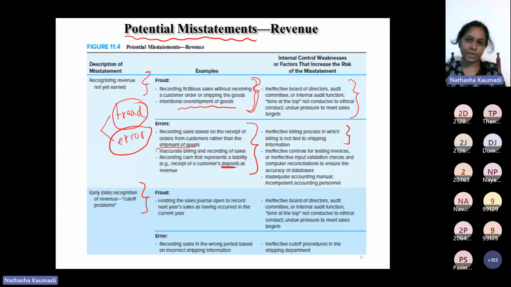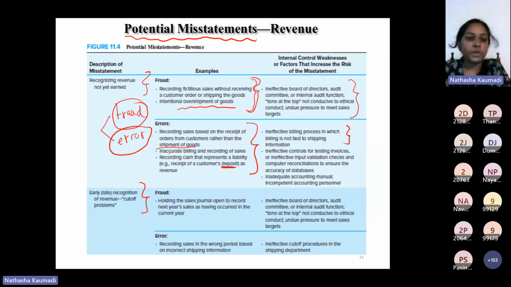There can be frauds, because if they want to increase the sales, they can take next year's sales to this year and show a good picture about the sales. So there can be frauds, and also there can be some errors. Mistakenly a date has been missed, and they record the sales on an incorrect date. That is a cut-off issue at the end. Likewise, early or late recognition of revenue. Basically, you call it cut-off problems.